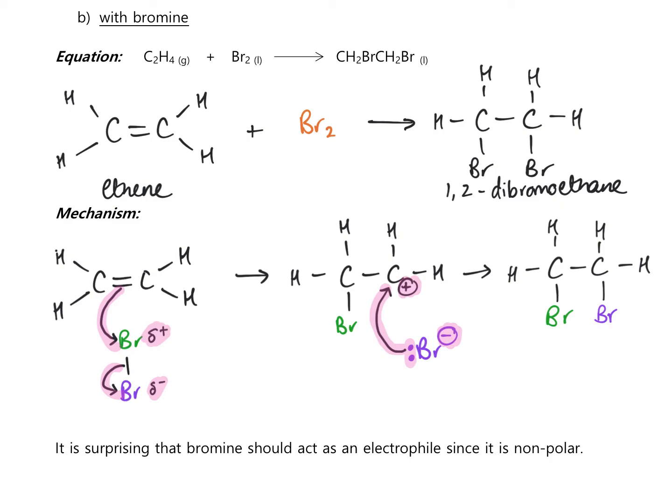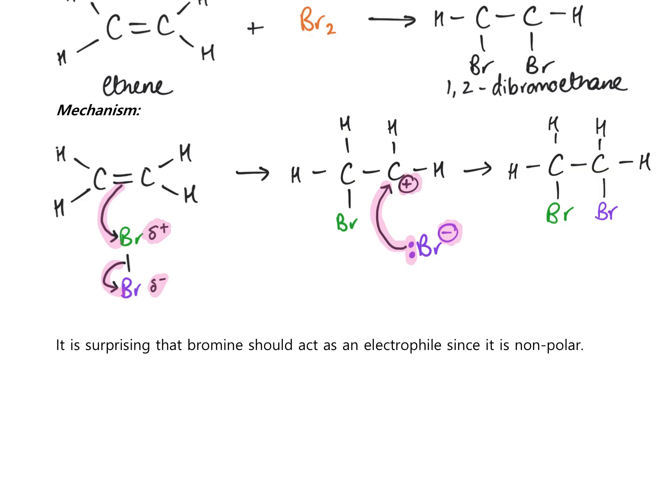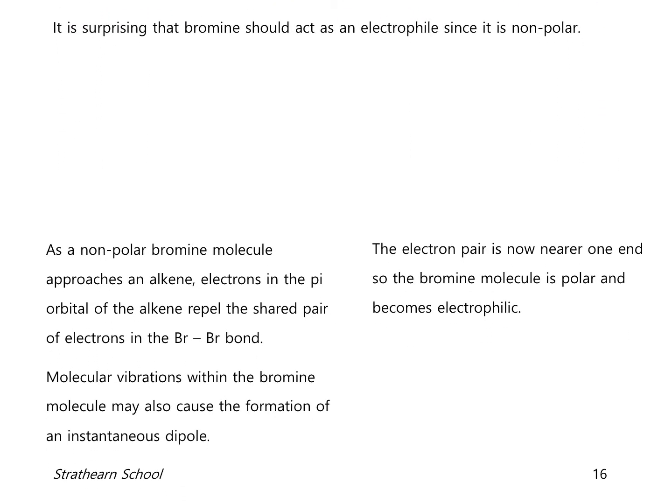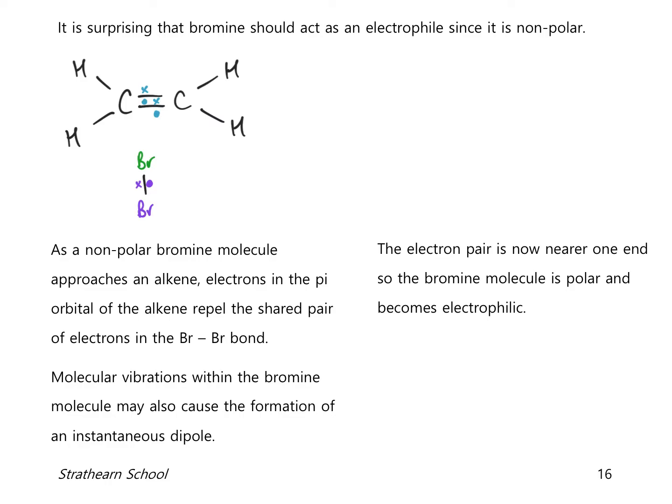Well, there's a couple of things that allow this reaction to proceed, even though bromine is non-polar. Because bromine is non-polar, the 2 bromine atoms have equal share of that pair of electrons in the covalent bond. They're obviously identical atoms, and so they have the same pull on the electrons. They have the same electronegativity.